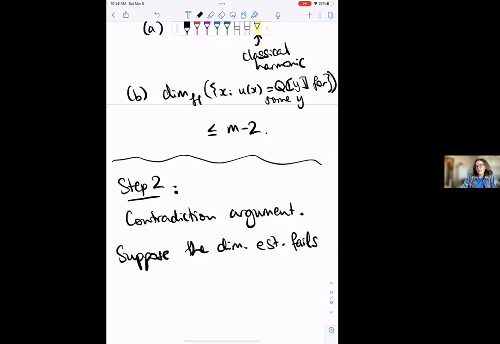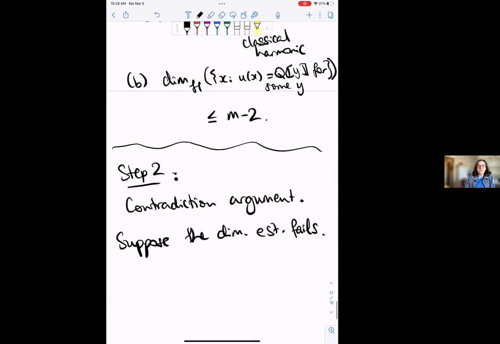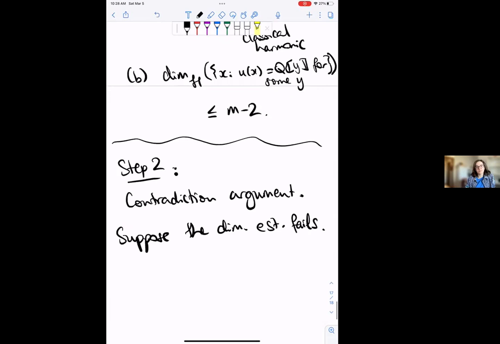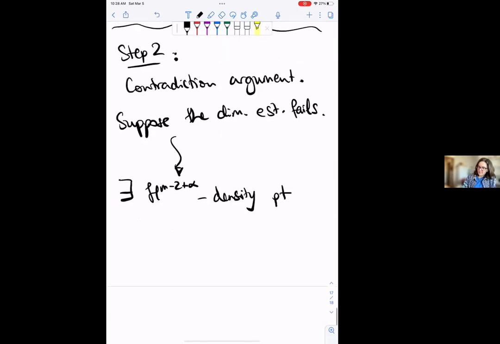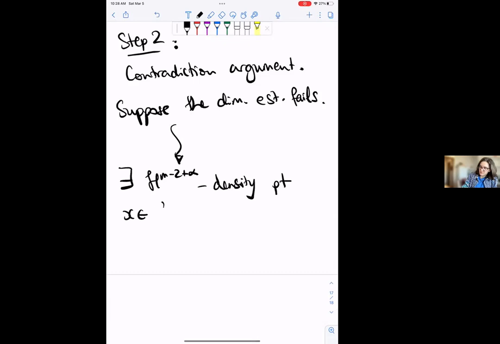What does this mean? This means that we can extract a density point of some higher dimensional Hausdorff measure. So there exists an H^(m-2+alpha) density point X, which is also a singular point, and we can assume that it has some integer density Q, because the points with non-integer densities actually have a lot of asymmetry, so they're in one of these lower strata that we can estimate well.